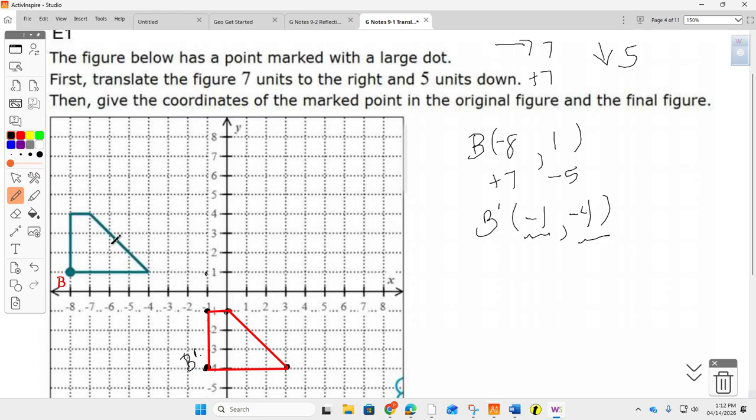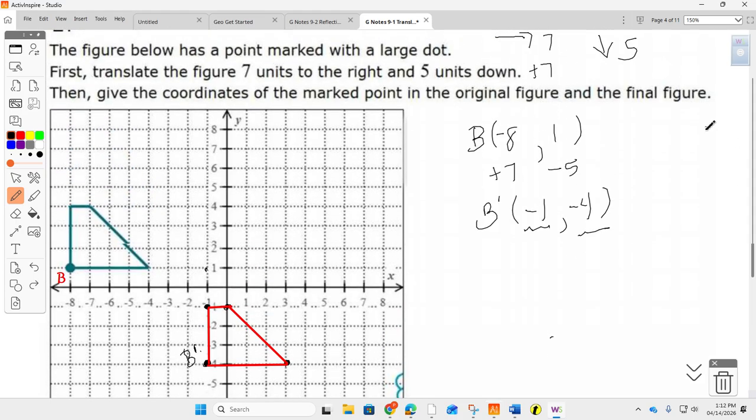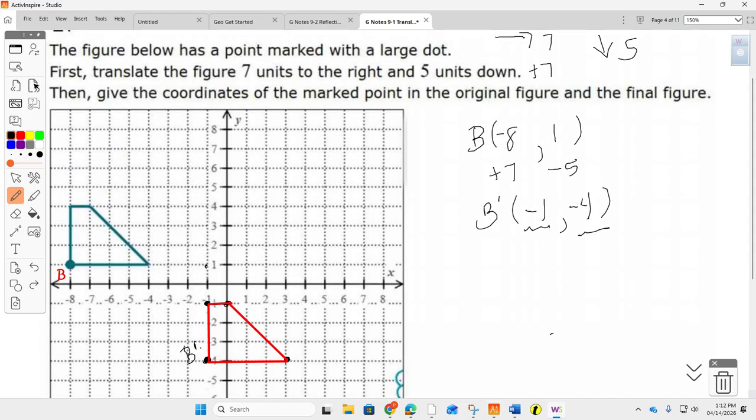So we can just translate the figures, and then look at the coordinates. Or you could use a shortcut sometimes, then subtract the old from the new, and that'll show you the move. Any questions so far? Okay.